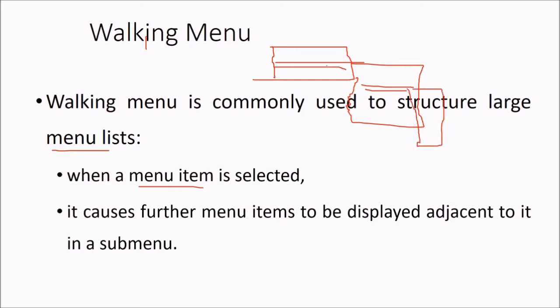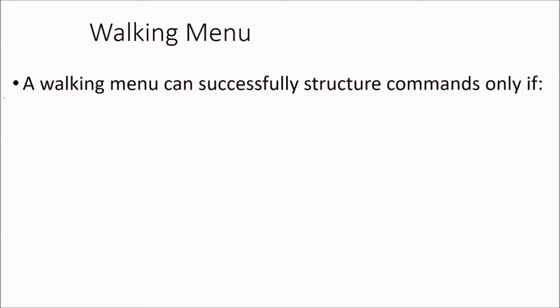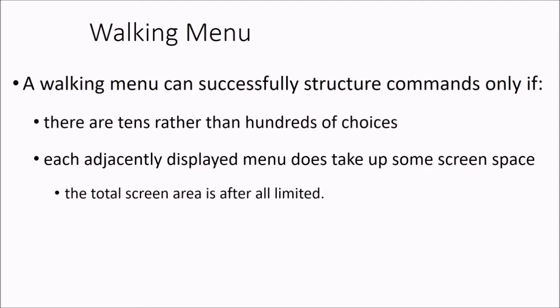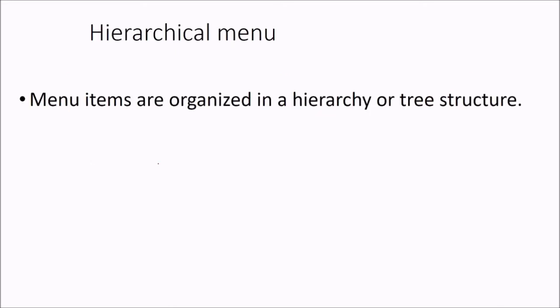This type of menu is known as a walking menu. So these are submenus. A walking menu can successfully structure commands, but with the condition that there are tens rather than hundreds of choices. Then it is okay. Each adjacently displayed menu takes some screen space, but the total screen area is, after all, limited.